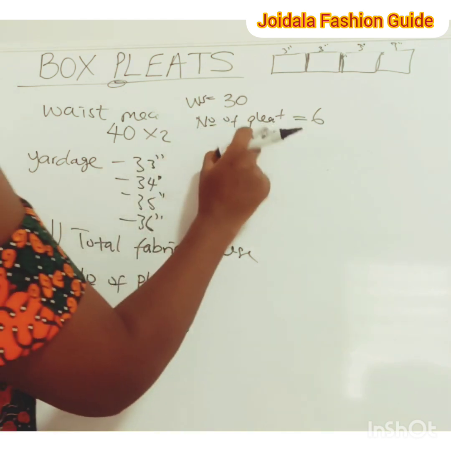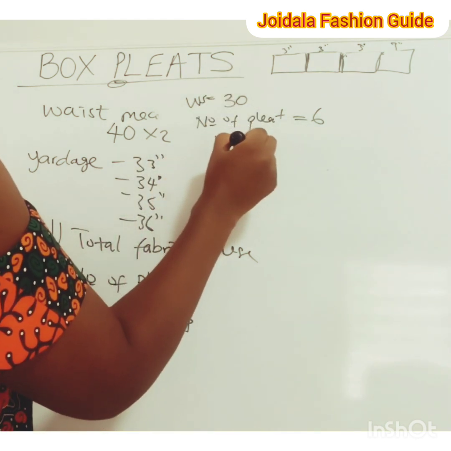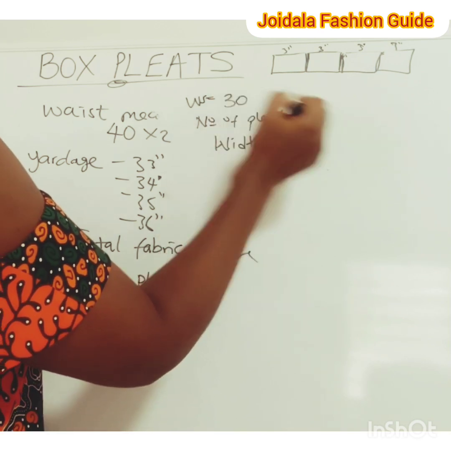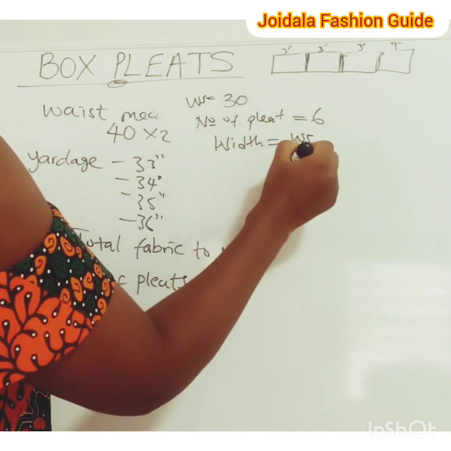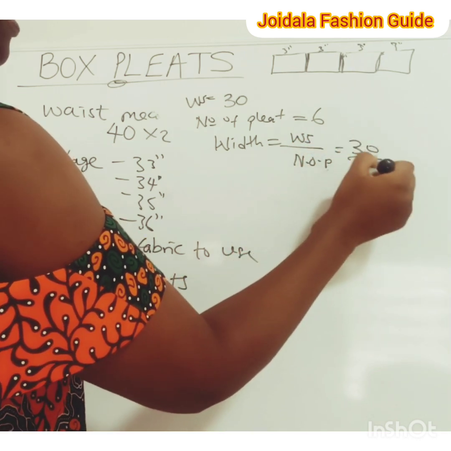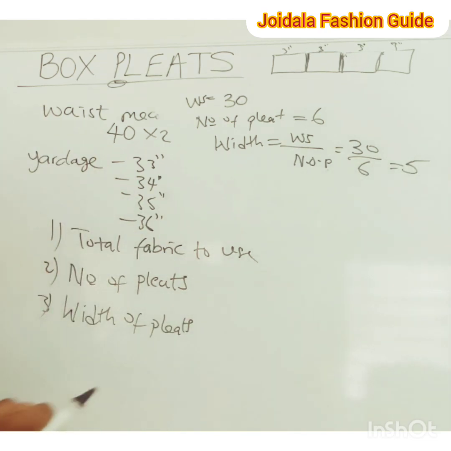So to know the width of each pleat, it will be the waist divided by the number of pleats, which is 30 divided by 6, and that will give us 5.